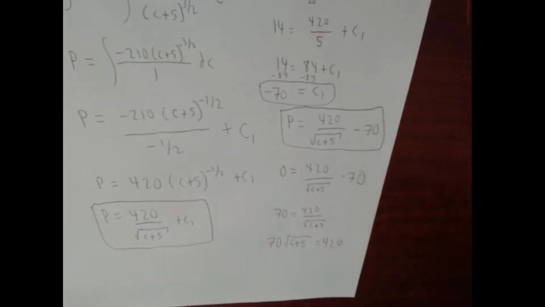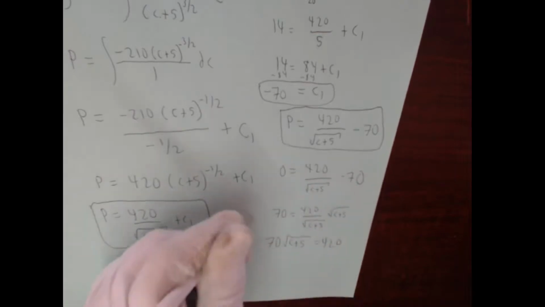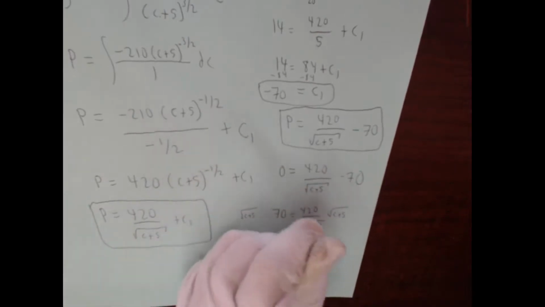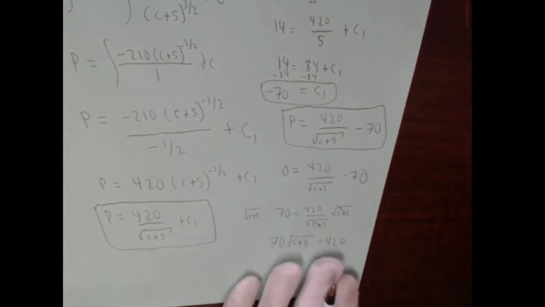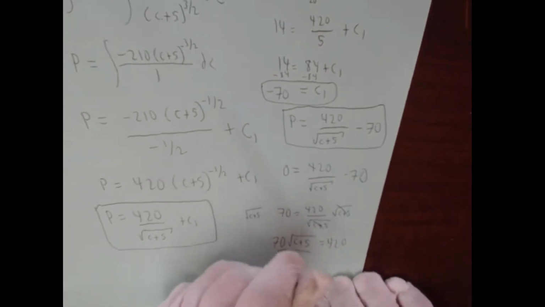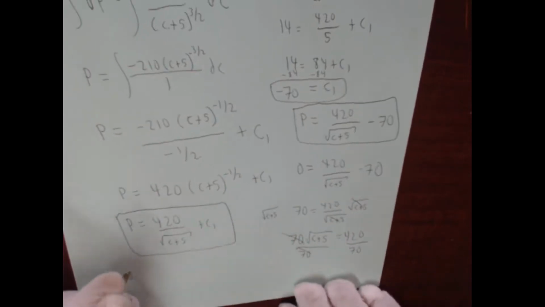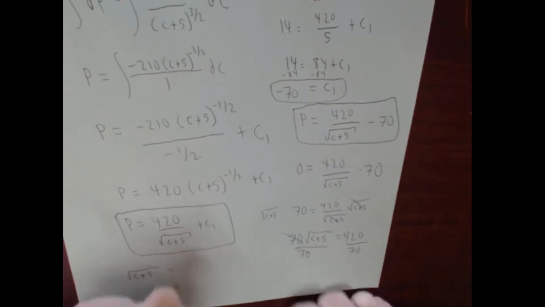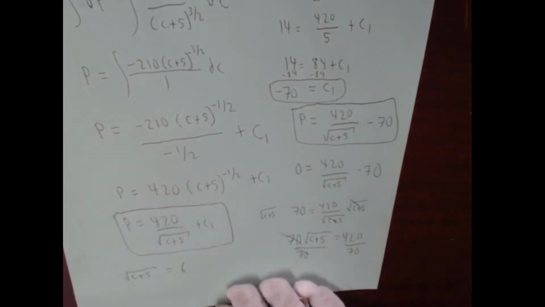So I've got 70. All I did is multiply both sides by the square root of c plus 5 to cancel the square root. So I have 70 times the square root of c plus 5 equals 420. Divide by 70 on both sides. So we have the square root of c plus 5 is equal to 420 divided by 70, which is 6.